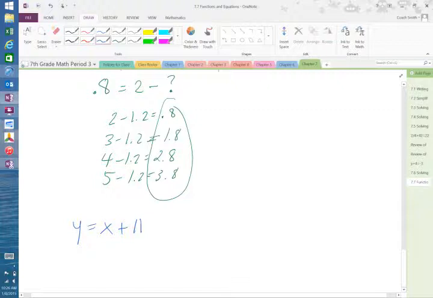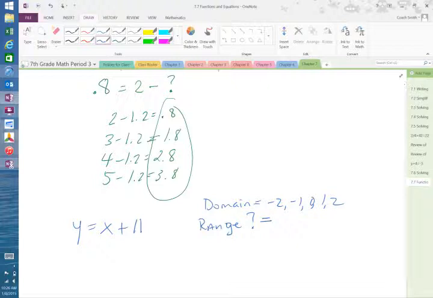They give us this function rule, and they want to know the range. What is the range equal to if the domain equals -2, -1, 0, 1, and 2? Okay, they want to know what the range is if our domain is -2, -1, 0, 1, and 2.